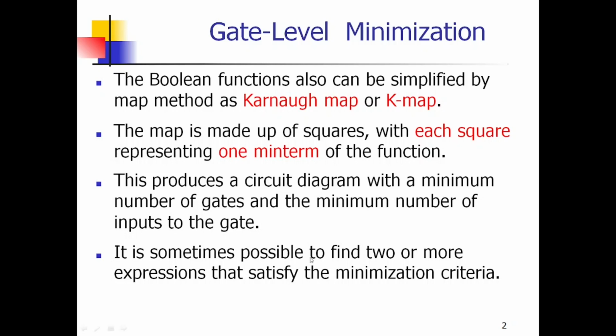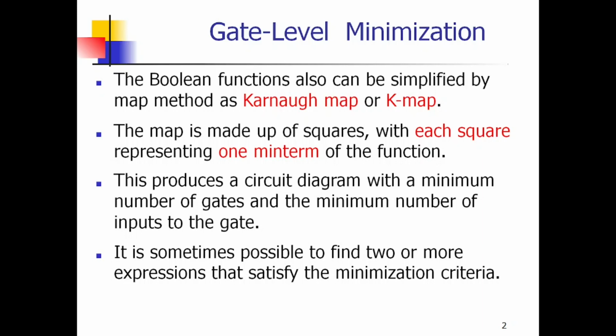It is sometimes possible to find two or more expressions that satisfy the minimization criteria. So sometimes we can get two or more Boolean functions for the same problem that are 100% correct.